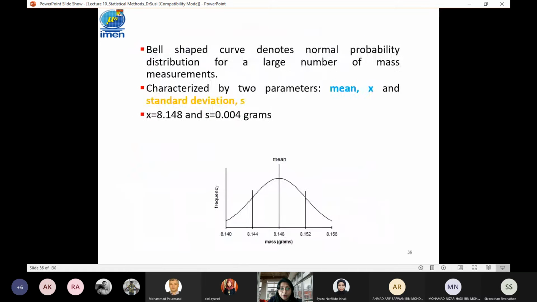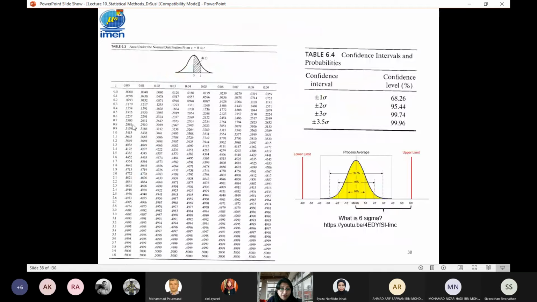If you look at the confidence intervals and probabilities for 1 sigma, it is 0.3413 over this normal distribution curve. So 0.3413 for one side, but if you calculate both sides, plus and minus, you get 0.6826, and if you change it to percentage, it becomes 68.26%. Is that clear? 1 sigma?